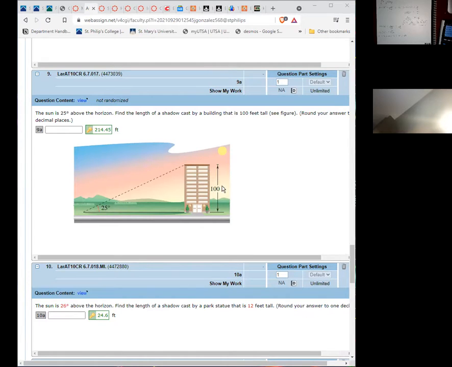Tan would be opposite over adjacent. So we just need to solve for the adjacent side. Yeah, tan's good. Is there any other function that would work? Because the other ones you could use whatever you wanted, but can we do whatever we want on this one?